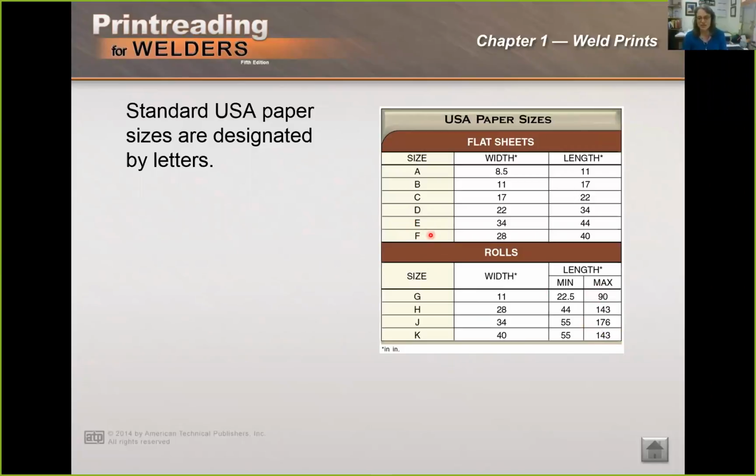Whereas if you're printing, say, a B size, you're printing 11 inches by 17. If you need a print that is 11 inches wide by some unknown length, you'll want to print a G size. So you'll print 11 by however long you need up to 90 inches.